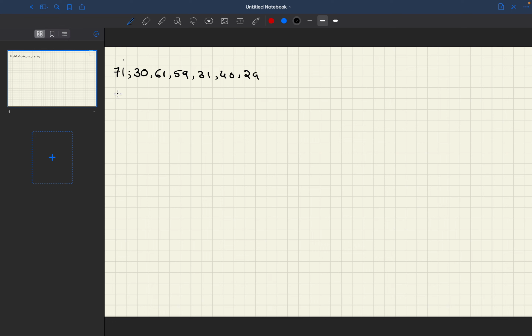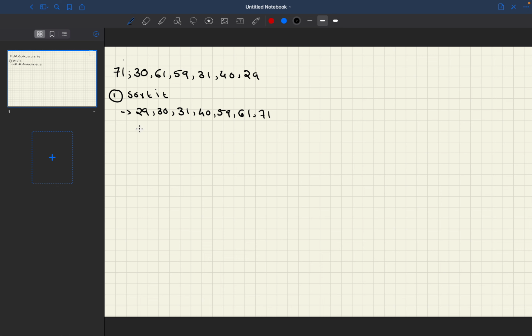To find the median, first we have to sort it, sort in ascending order. So after sorting it will be 29, then 30, 31, then 40, 59, 61 and 71.